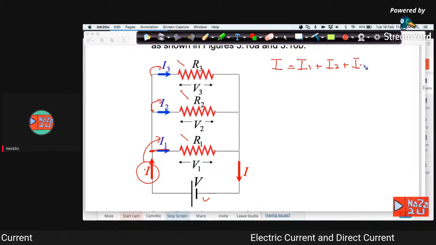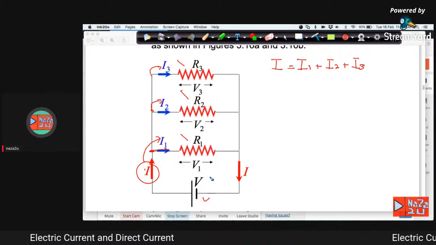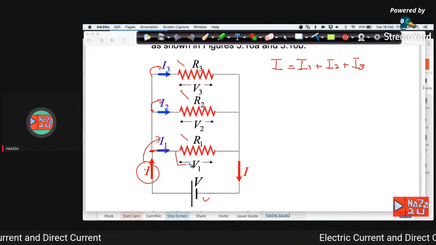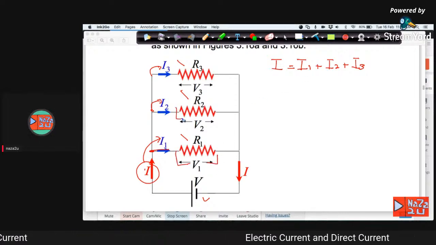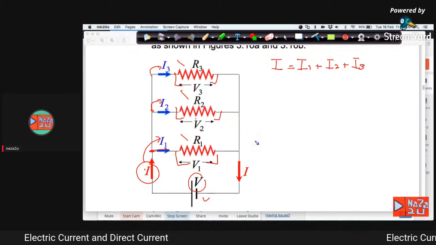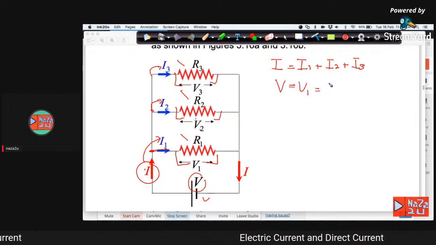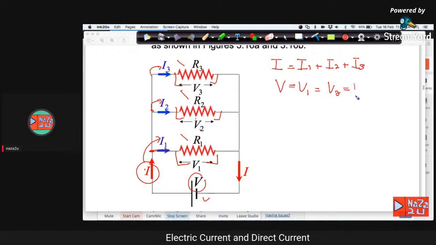Dia terbalik dengan series circuit tadi ya. Kalau series circuit dia sama. But voltage untuk V1, voltage untuk V2, voltage untuk V3 dia sama dengan voltage yang dibekalkan. So V here is equal to V1 is equal to V2 is equal to V3.